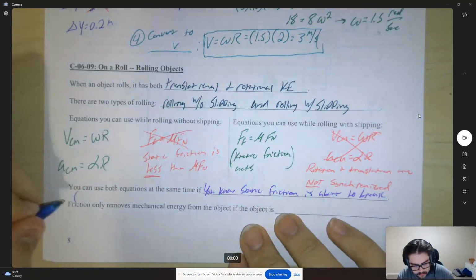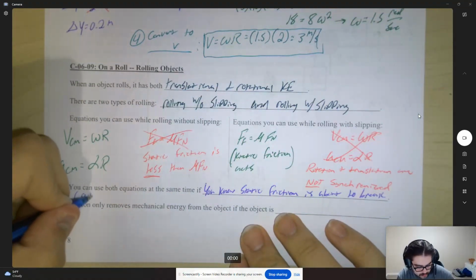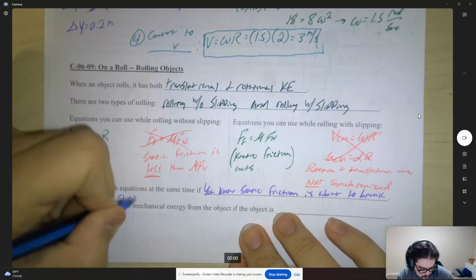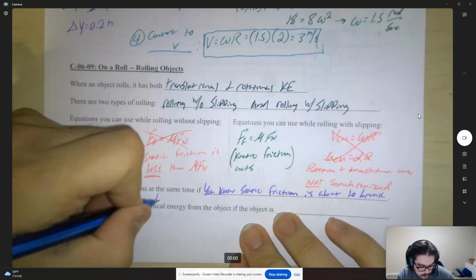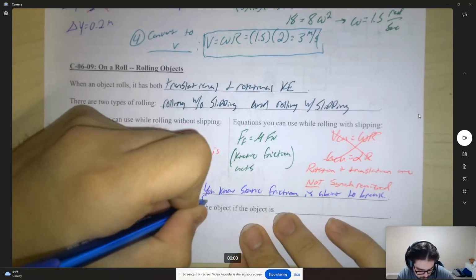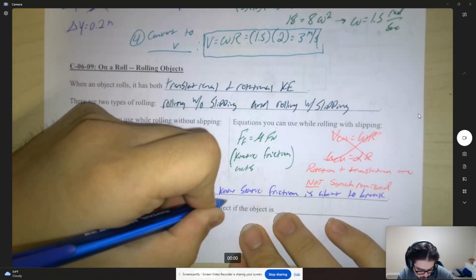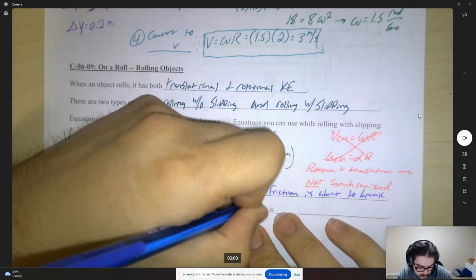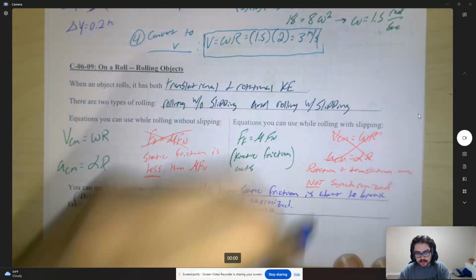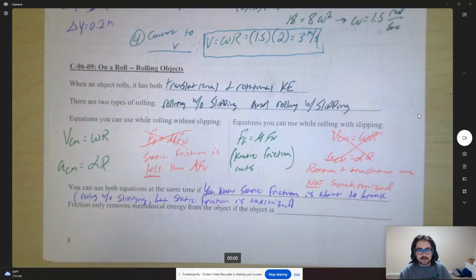In other words, you're rolling without slipping, but static friction is maximized. So it's at the maximum possible value, but you're still rolling without slipping. Friction only removes mechanical energy from the object if it's slipping.